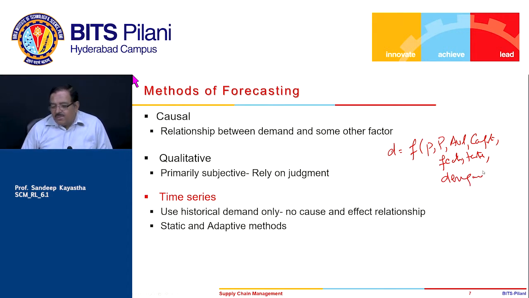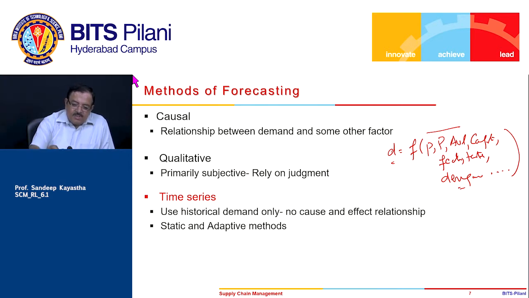If in a society too many people are old, demand will also depend upon the demographics, and there are many factors. If we try to estimate the demand based on a few or more of these factors, that is called the causal method. So we look at cause and effect. This is a method which is extensively used by economists for long range forecasting.